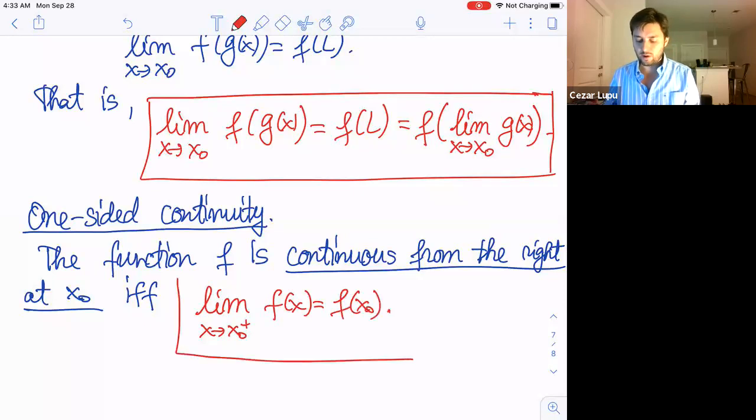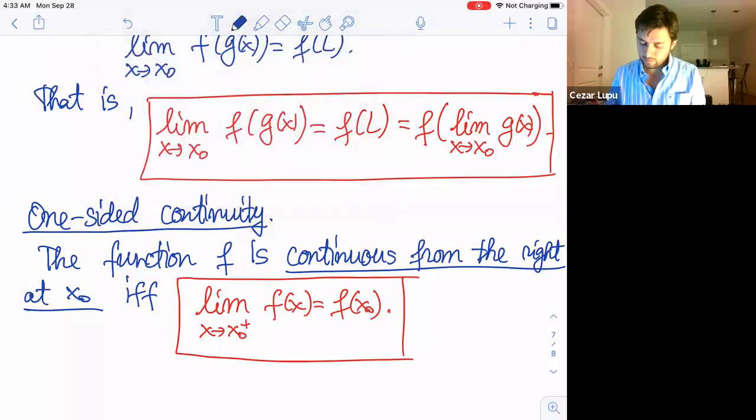So we have this notion of continuity from the right, and as you can imagine, we also have continuity from the left, so it will be similar.